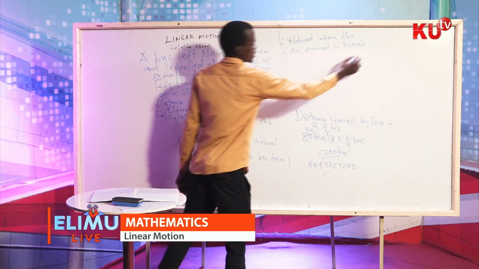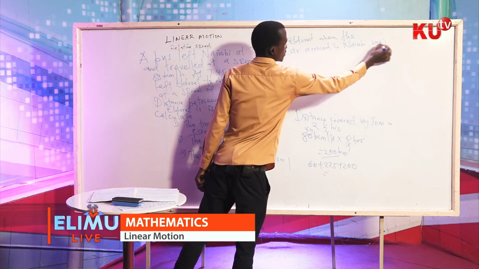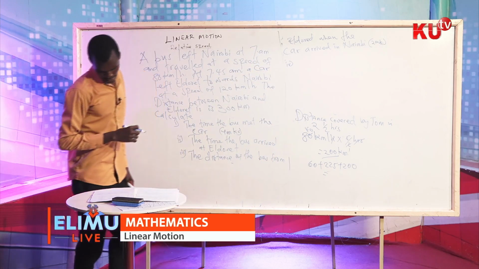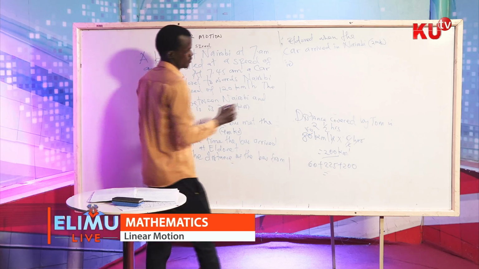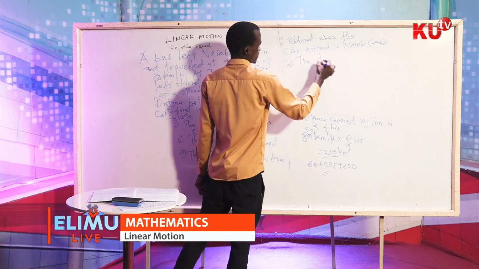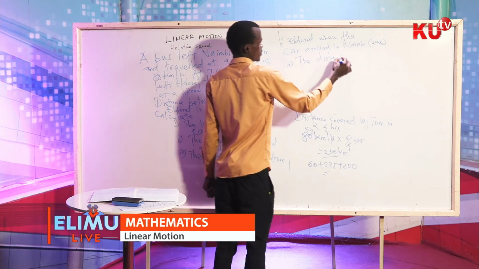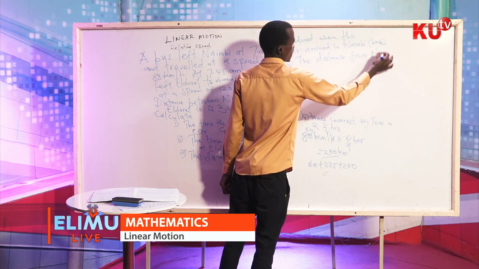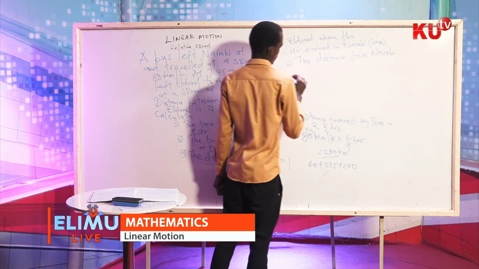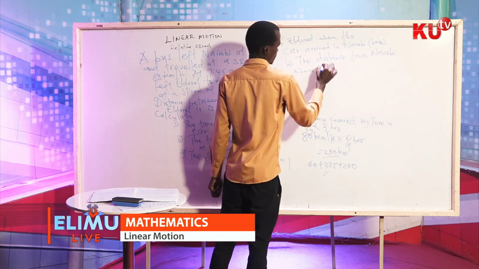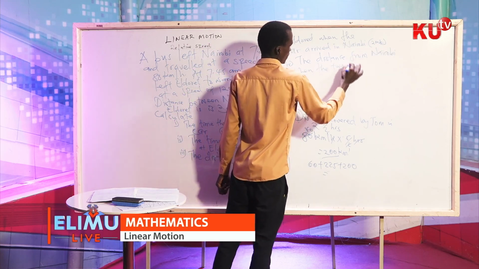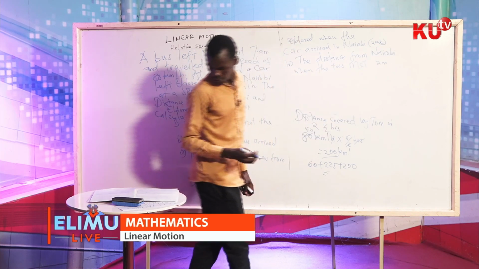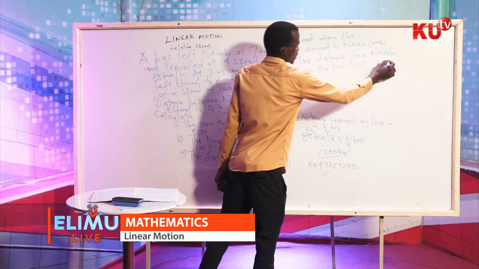That is 2 marks. And then lastly, part 4 is the distance from Nairobi when the two met. That is also 2 marks.